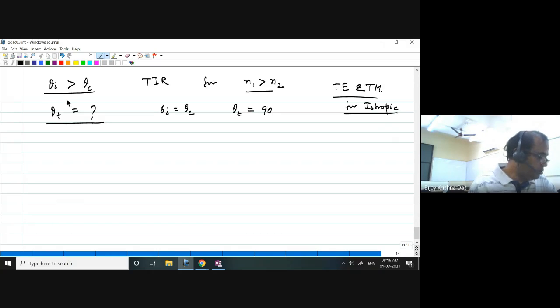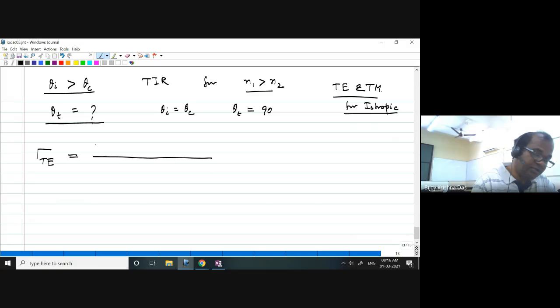So if theta i is greater than theta c, let us come back again to this reflection coefficient. Let us concentrate only on one polarization, TE polarization. TM polarization you can follow up; I don't need to discuss it here. Just one polarization I am concentrating on to understand the consequence.